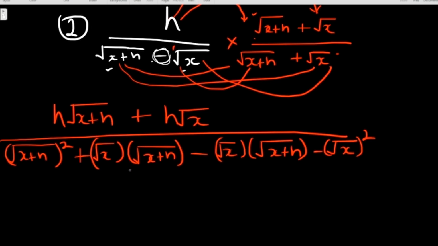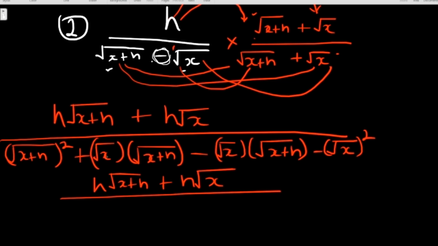Now let's work on the numerator. We will copy it down and say h square root of x plus h plus h square root of x. Okay, all over. What's going to be found at the denominator? Here we have two squares, right? This is a first square and this is a second square.